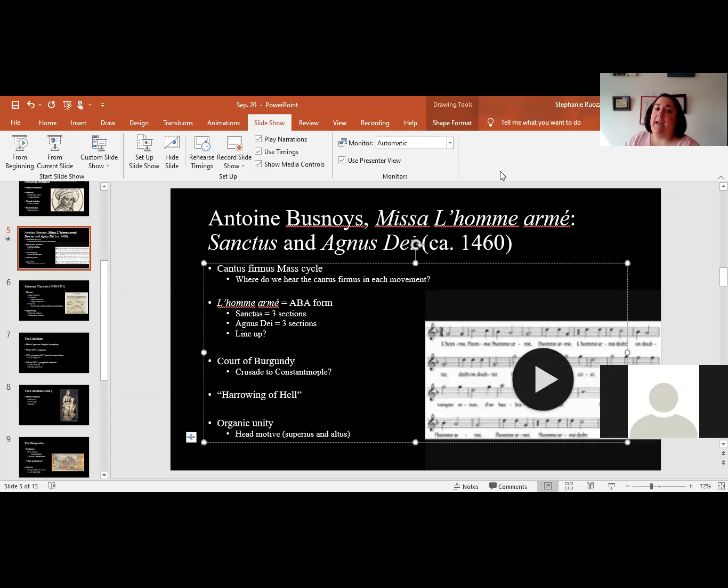Okay. And Antoine Benoit was working at, let's talk about why he's using this here. He's working at the court of Burgundy. Remember, like I said, Bloxam points out the chanson mass was a thing that grew out of the Burgundian court. So what we think is going on here is that Benoit is trying to amp up people for a crusade to Constantinople, not Istanbul, but that's nobody's business but the Turks.